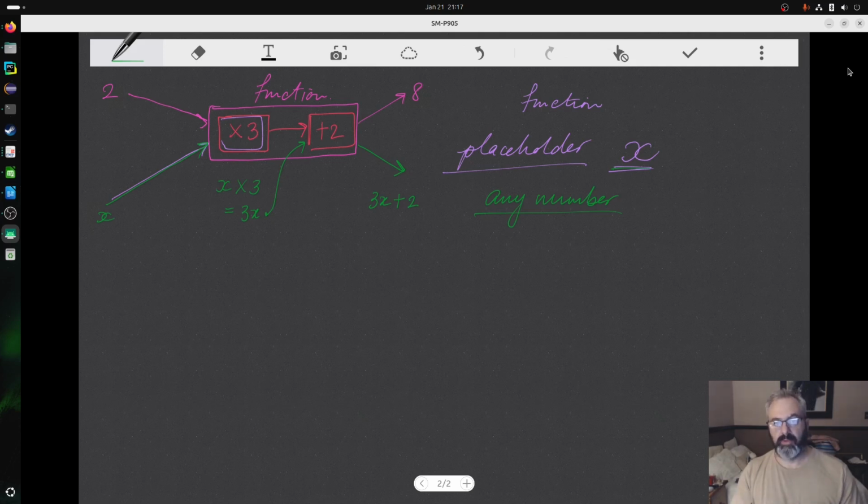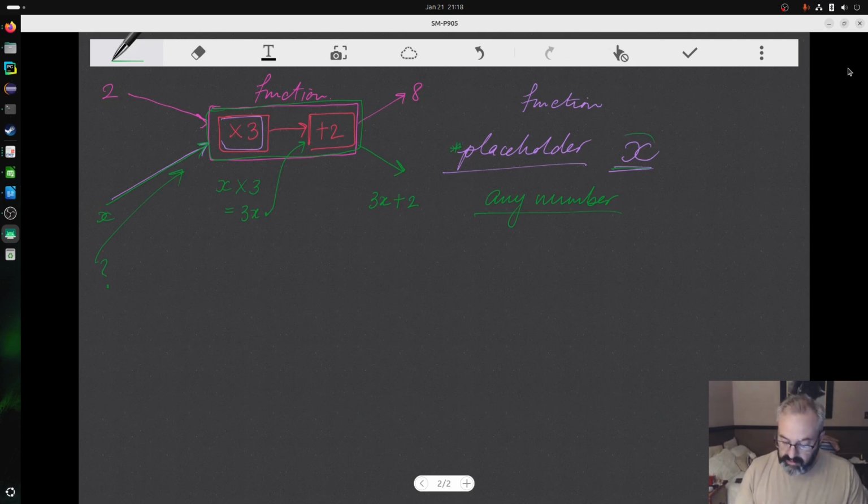I'll say it again, it's important to understand this. There might be times when we know the function, we know how to do the calculation, we just don't know what to put into it. This is unknown to us. And to keep on going with our calculations, not to have to stop and wait for an answer to eventually come to us, what we do is we choose a placeholder.